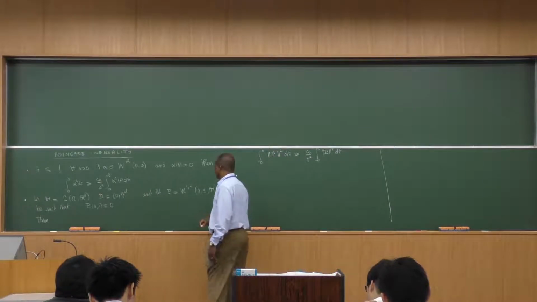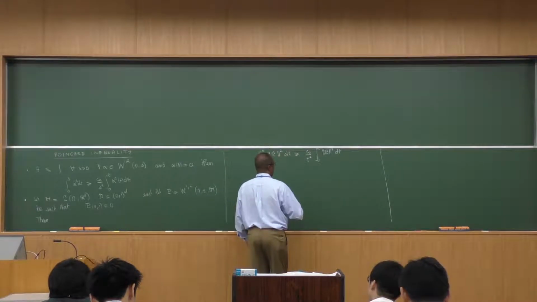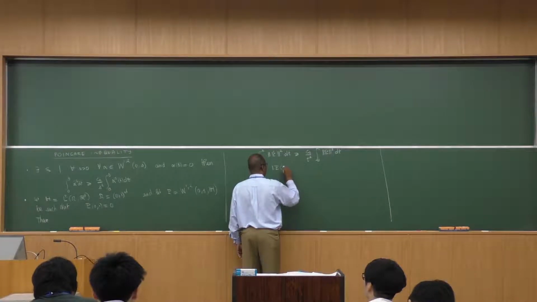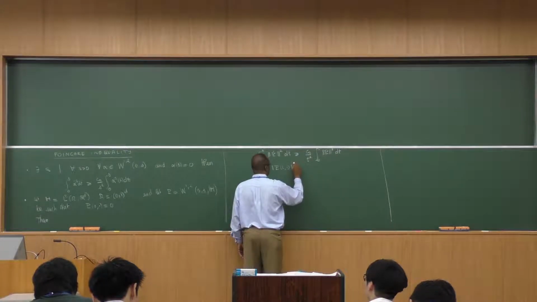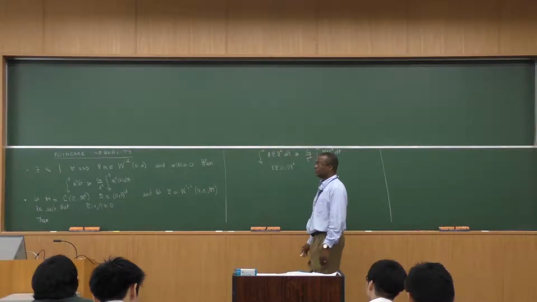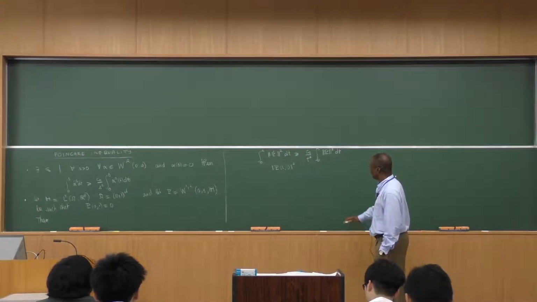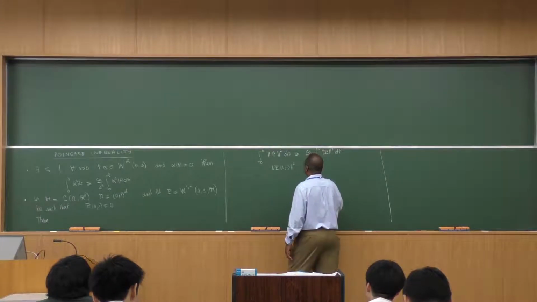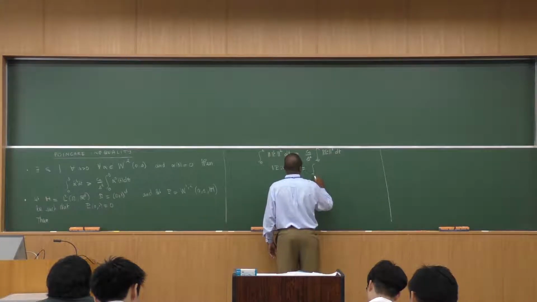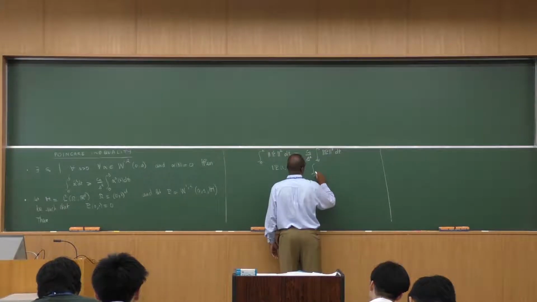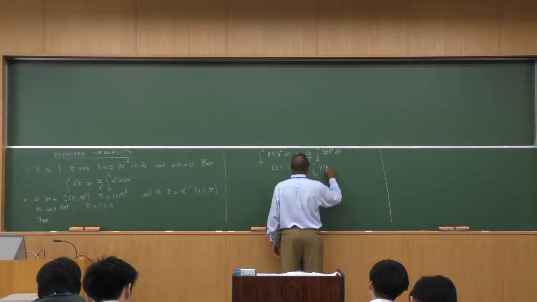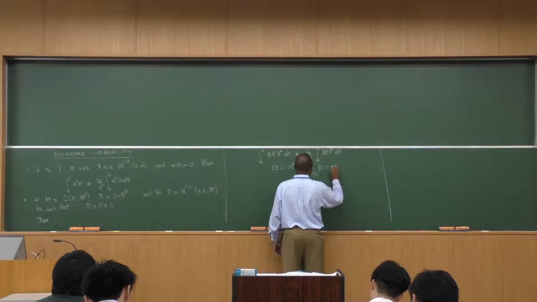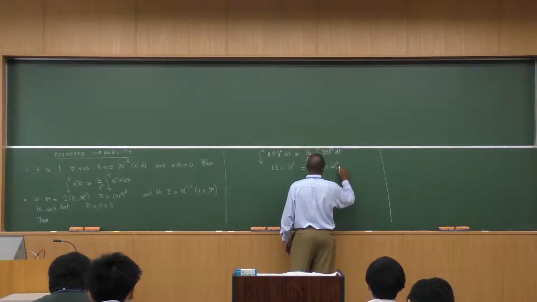And the norm of P at time t is the integral over omega of P of t, x squared d omega.